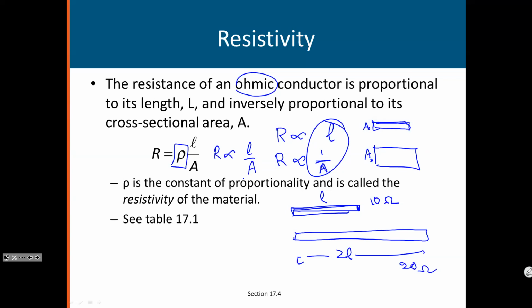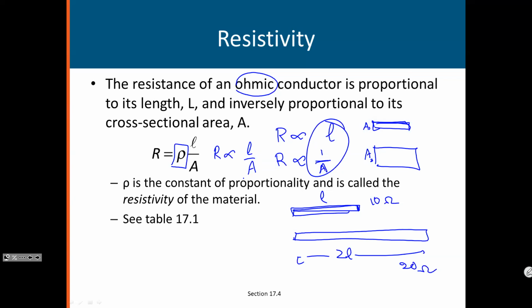That resistivity for copper does not change when you change the length of the copper wire. Whether we have a short piece of copper wire or a long piece of copper wire, the resistivity is the same. Resistance will change, not the resistivity. Or whether we have a thin copper wire or a thick copper wire, it doesn't matter. Resistivity will be the same. So the resistivity is a constant for a given material.